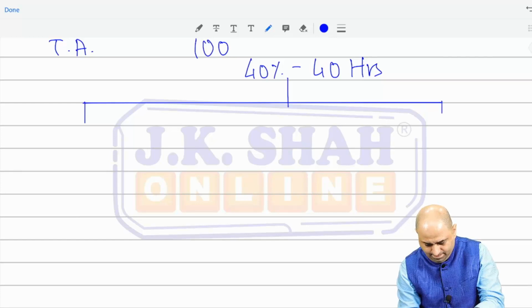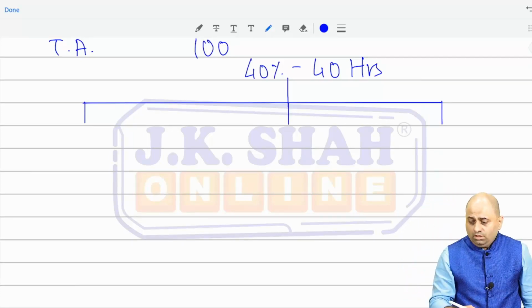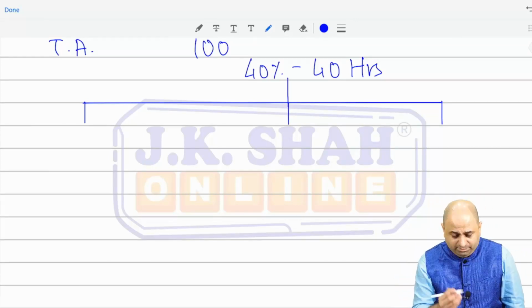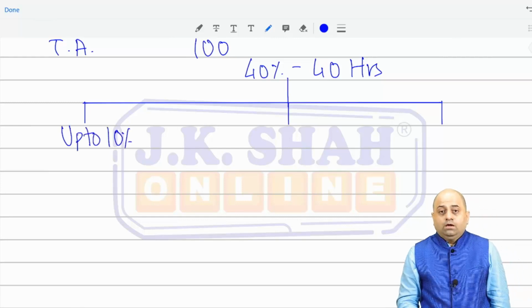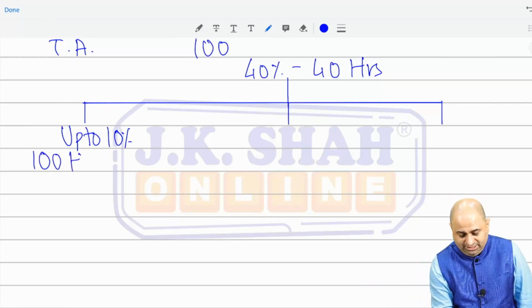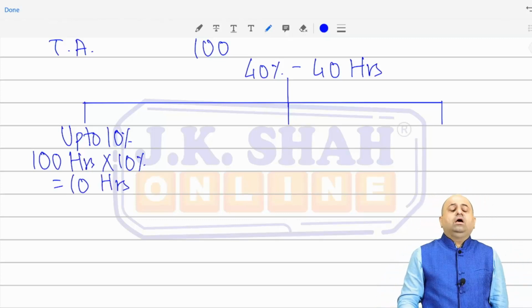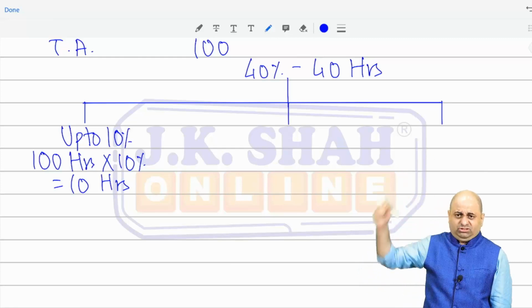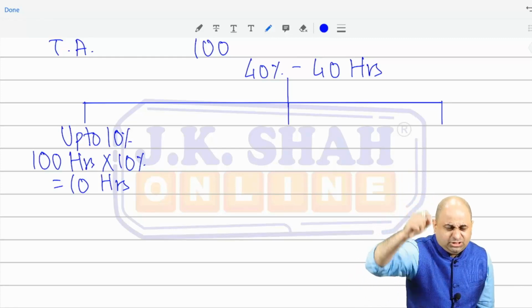First category says savings up to 10%, which means I'll write here up to 10%. So 100 hours into 10% is equal to 10 hours. What does 10 hours mean? It means that in this category you have saved 10 hours.